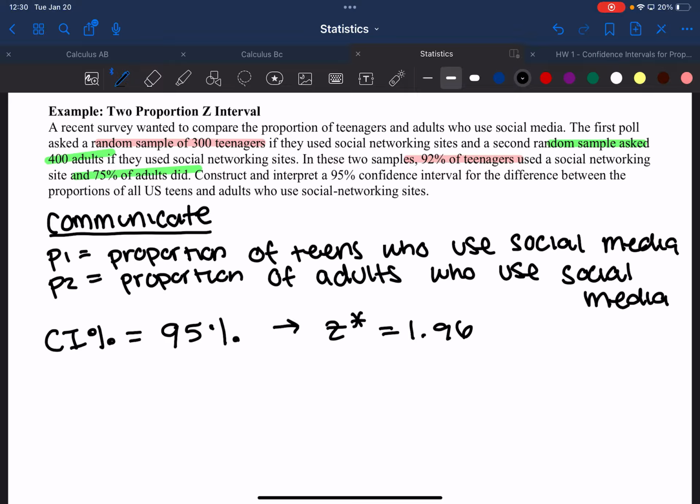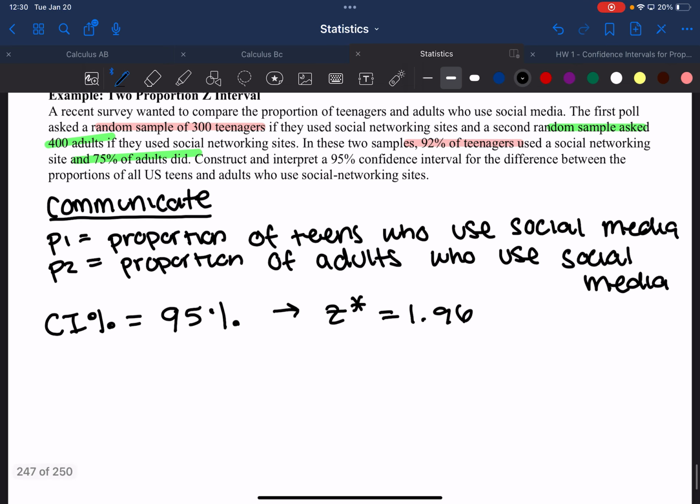Okay, you go to the normal curve, put in 0 for mu, 1 for standard deviation, and you go to bounds, and you type in 0.95, you get 1.96. Or you can memorize them. Good. It's always going to be the same. So if you memorize them, even better.